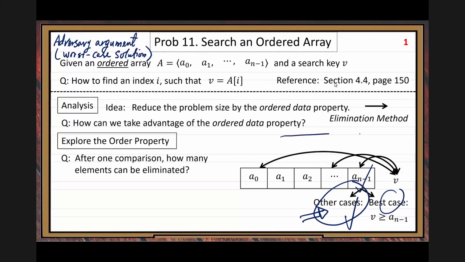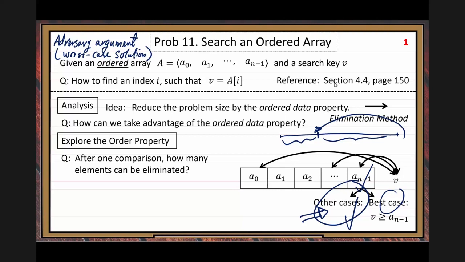In general, suppose we split a given array into two parts, right? Our first comparison, we compare some element some way. So we split the line segment into two parts. When we do the first comparison, there are two subarrays to be considered. Then we ask our adversary, which side do you want us to take for our first comparison?